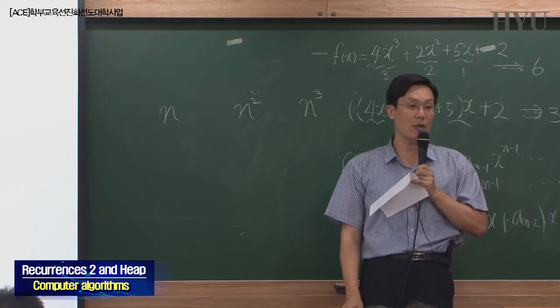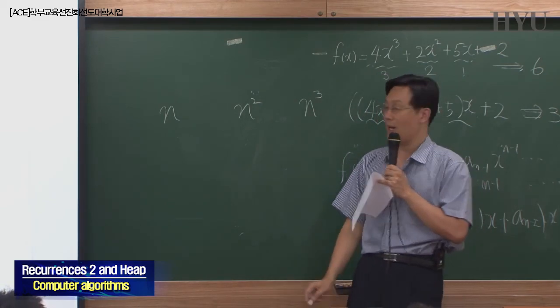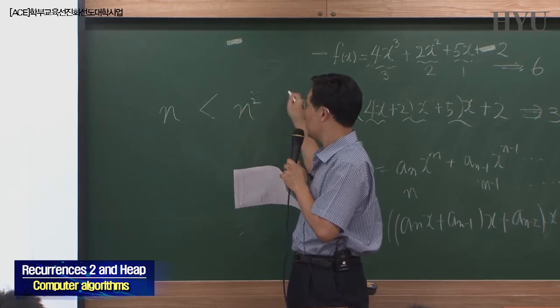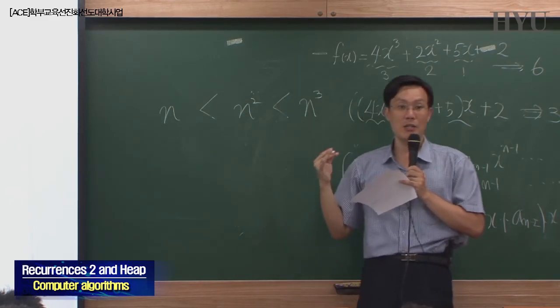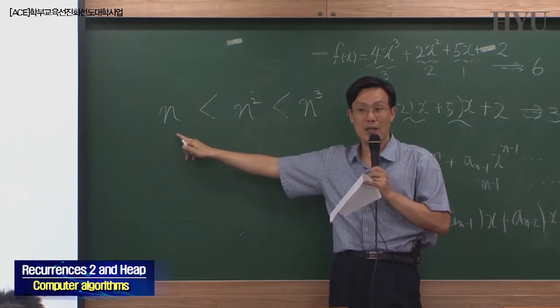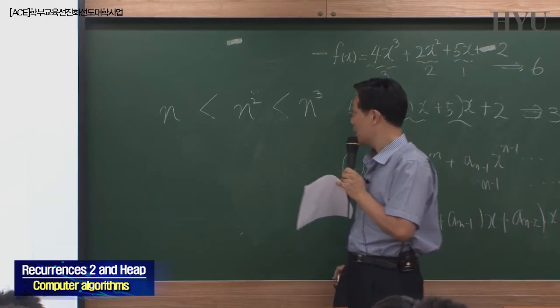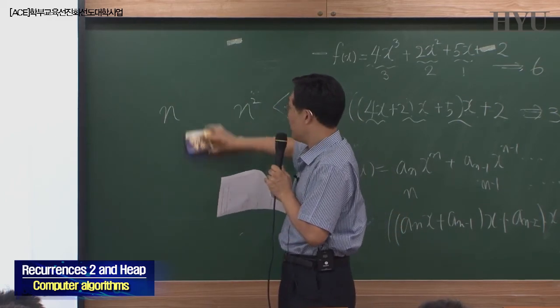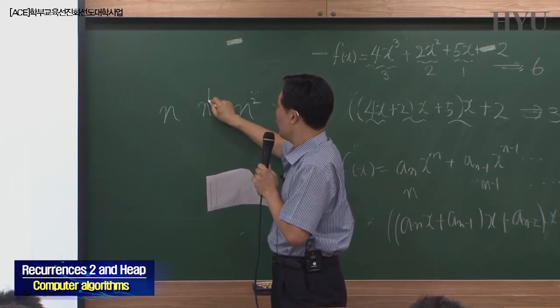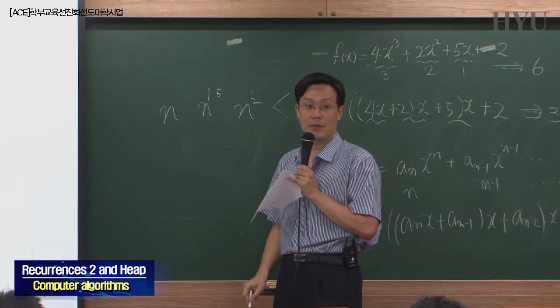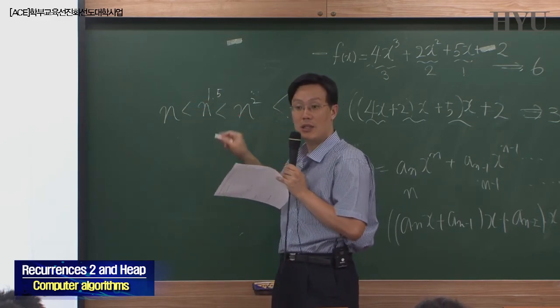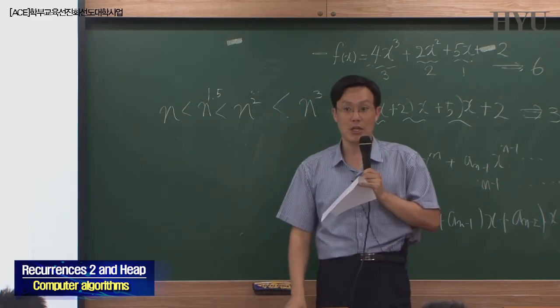Polynomials asymptotically. We know that asymptotically n squared is bigger than n, and n cubed is bigger than n squared. And how about n to the 1.5? It's between these two polynomials asymptotically.